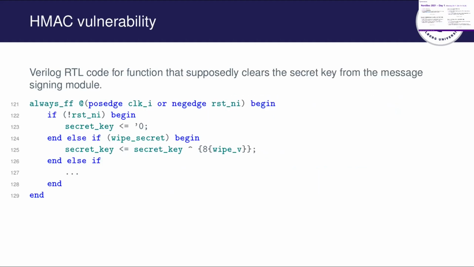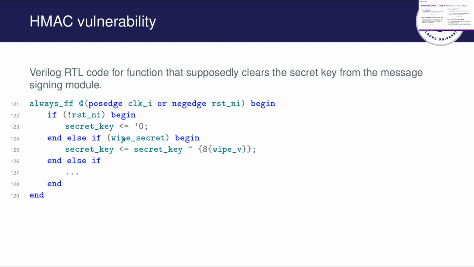And as an example, we have from the RTL code of the HMAC module, where we discovered a vulnerability in the implementation. So this is from the HMAC module, where it's a description of the logic that says when the clock goes high, or there's a negative edge on the reset line, we handle the reset, of course, if the reset is low.